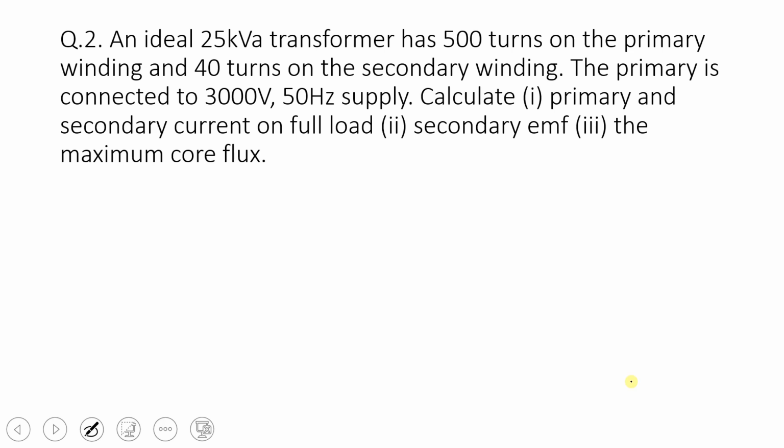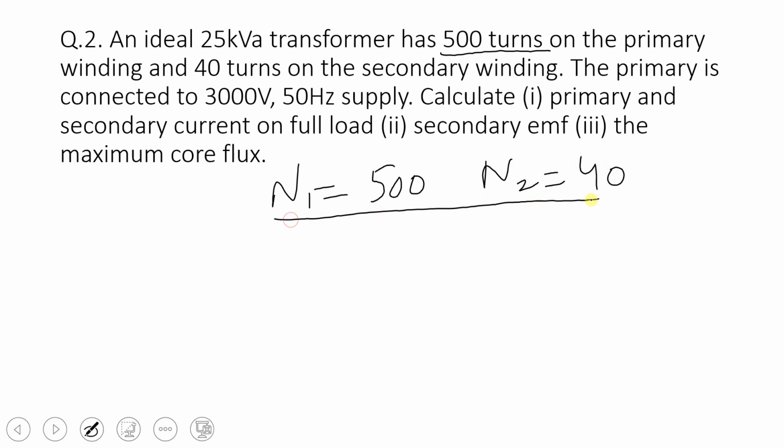So we have to find these things accordingly. First we want to find the primary and secondary current. For this, the number of turns are given to us. N1 is equal to 500 turns on the primary side and N2 is equal to 40 turns. From the number of turns we can check which type of transformer it is.